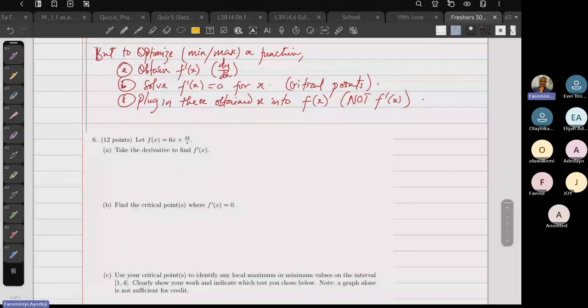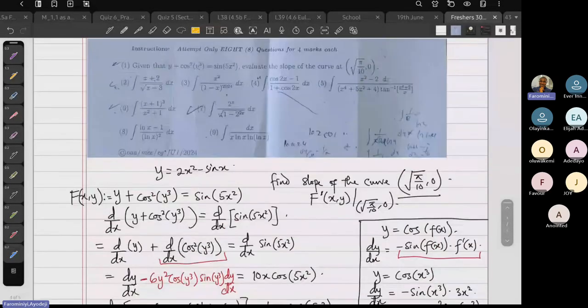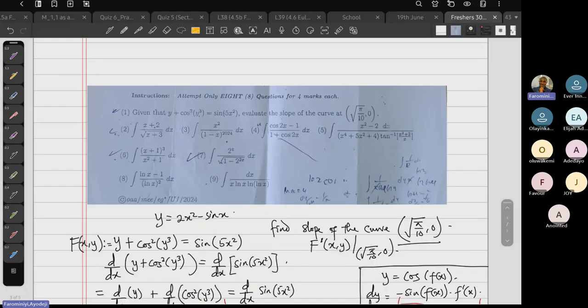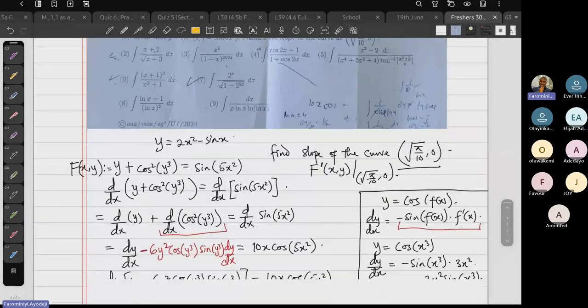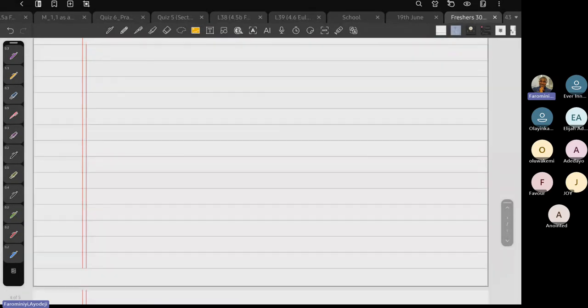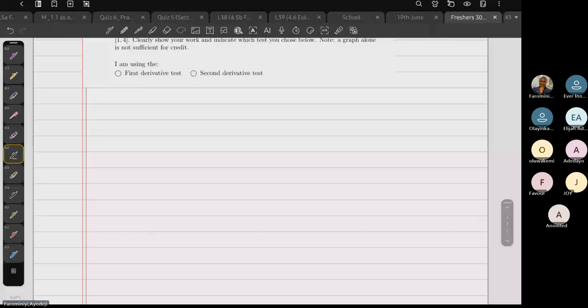The next question here is the integral of x plus 2 over square root of x plus 3 dx.